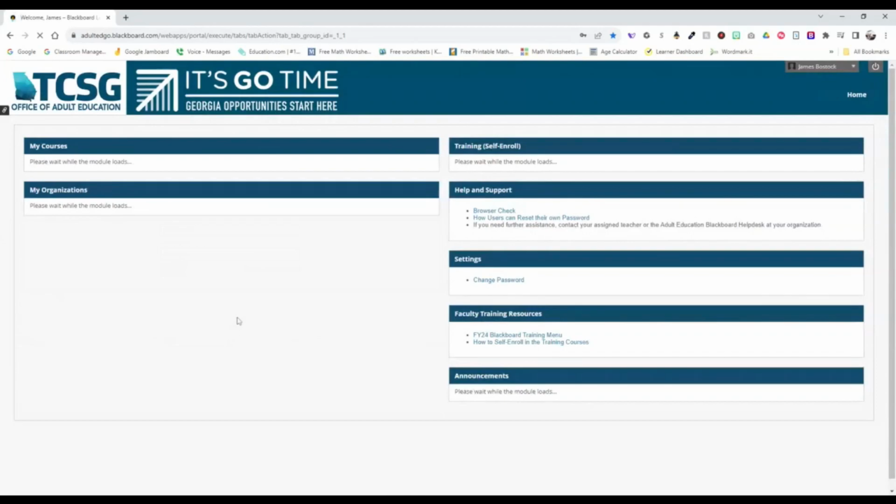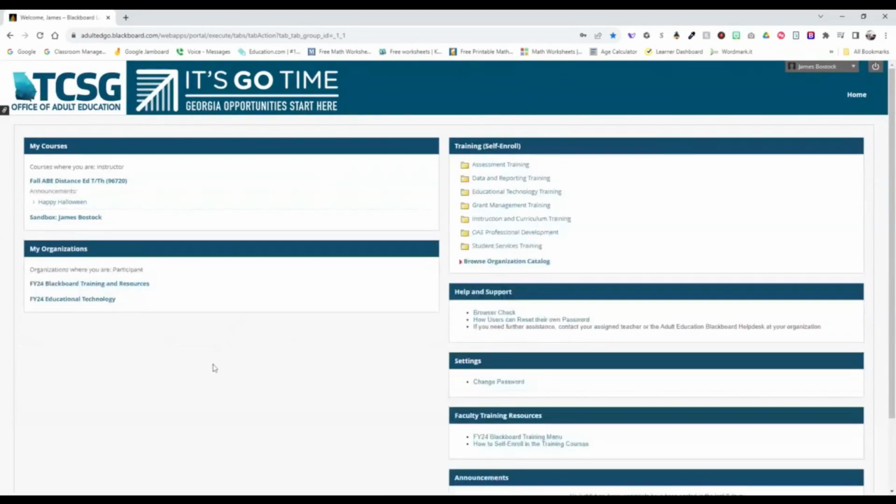When you log in, it will take you to a page that looks like this. Right here where it says My Courses, you won't have all of this other stuff because I'm an instructor, but you'll have a box that says My Courses, and it'll say Fall ABE Distance Ed Tuesday, Thursday. You click on that.